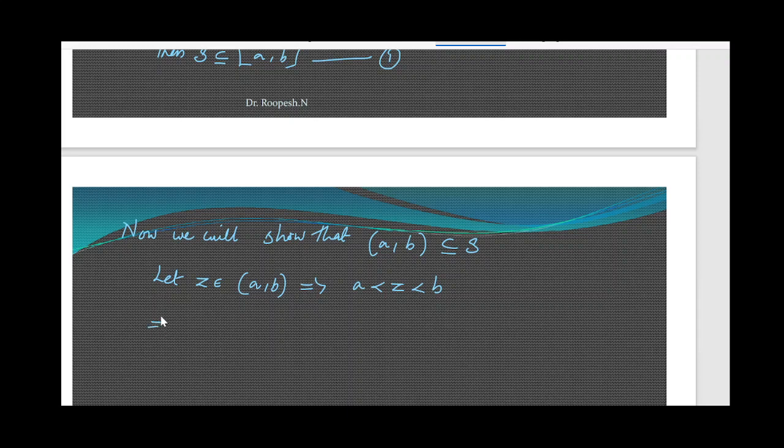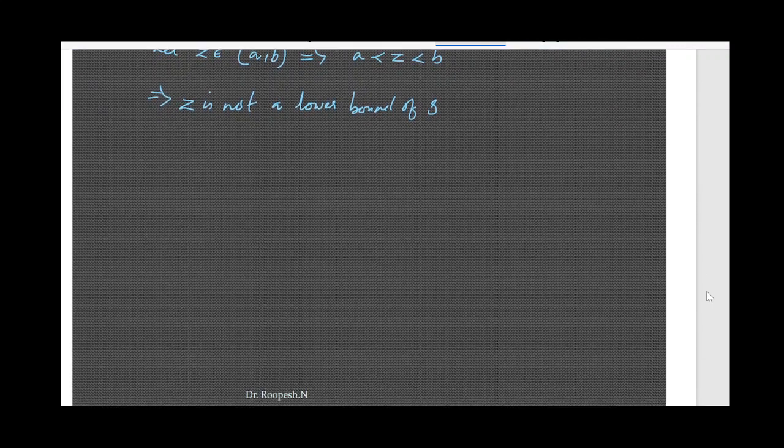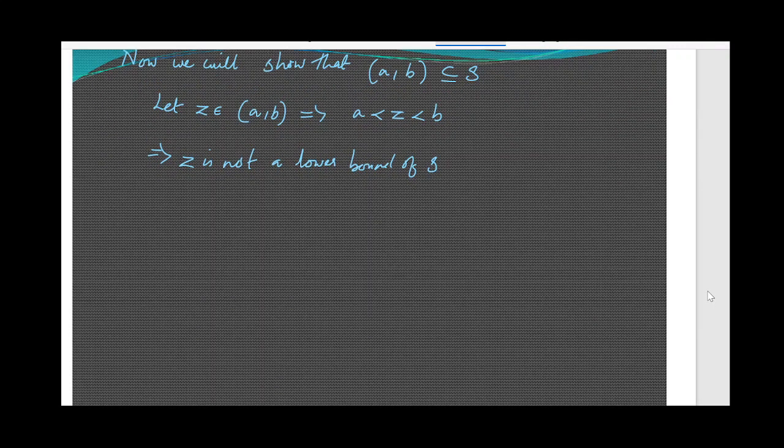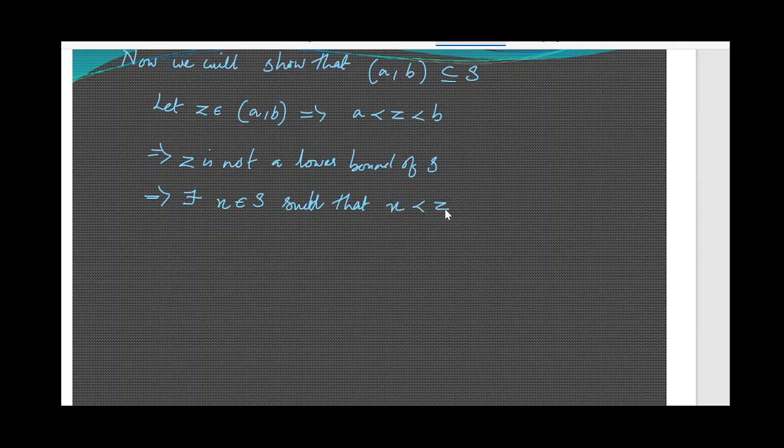Which implies z is not a lower bound of S. What is the meaning of this? There exists some x belonging to S such that x is less than z. Call this star.